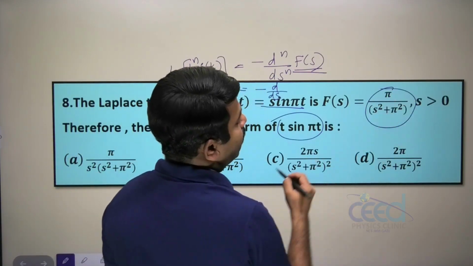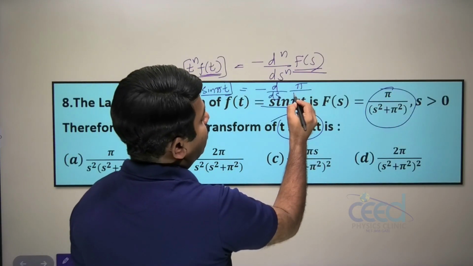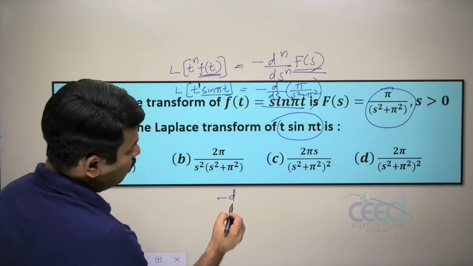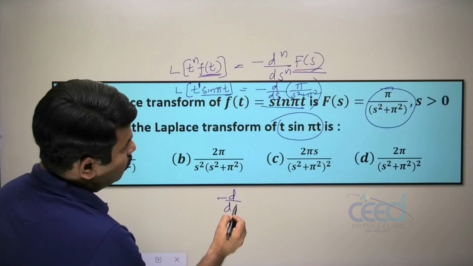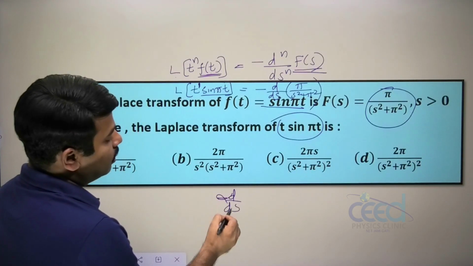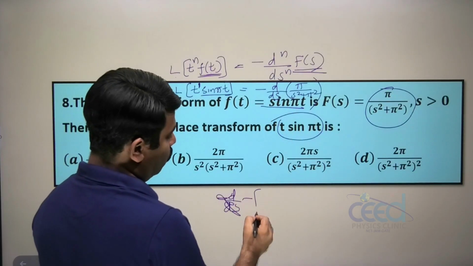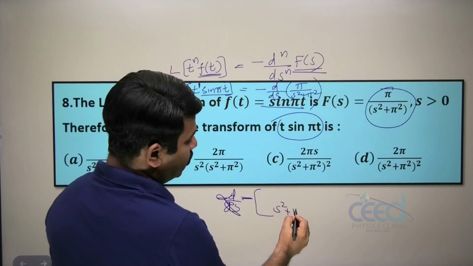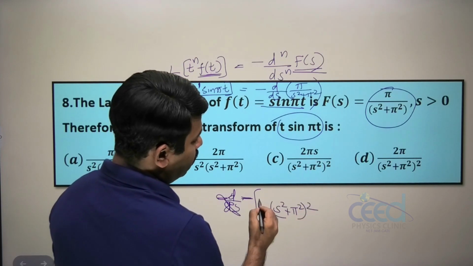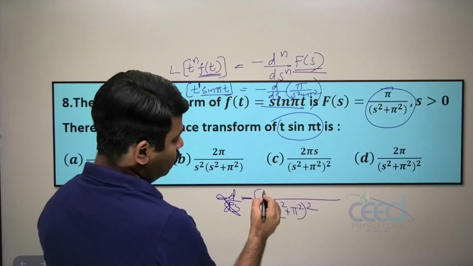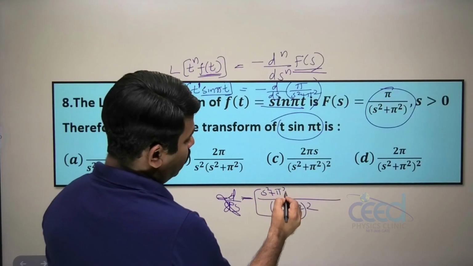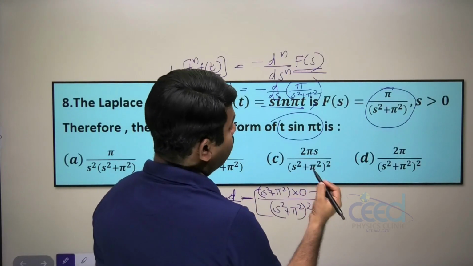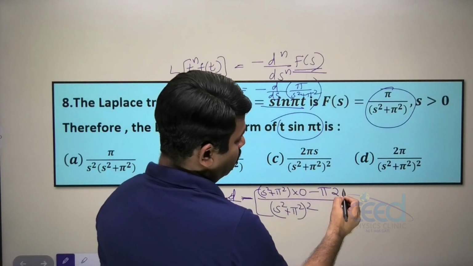That is pi divided by s square plus pi square, right? That is minus d by ds of this, so we can differentiate this. Minus of, denominator square, s square plus pi square whole square, denominator into derivative of numerator 0, minus numerator into derivative of denominator, what? 2s.